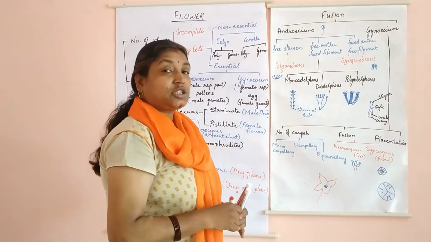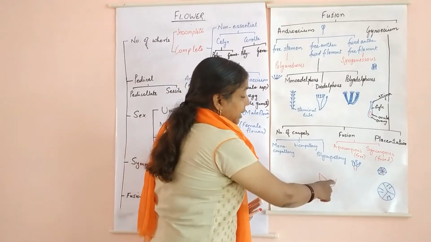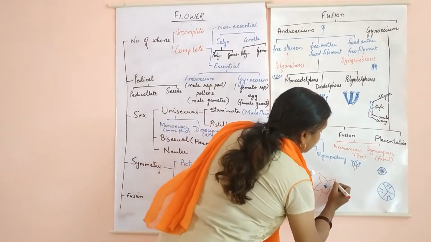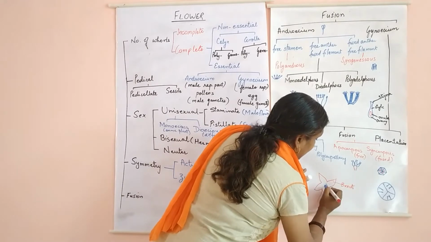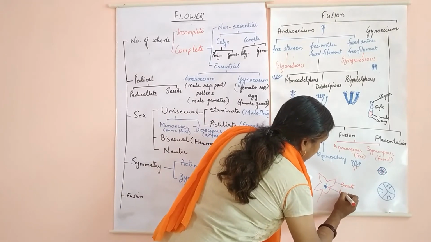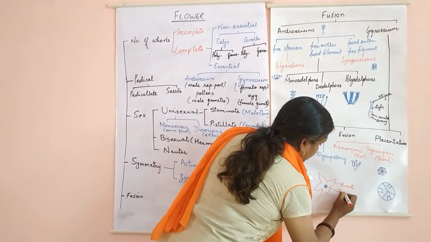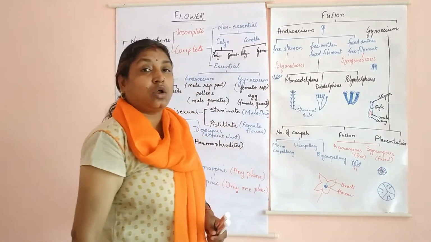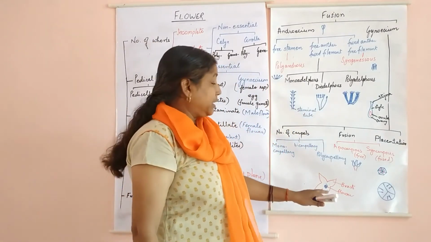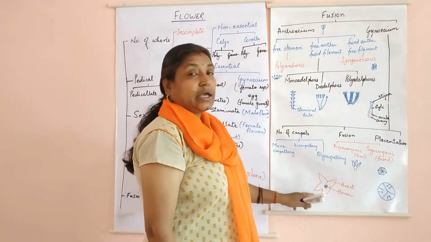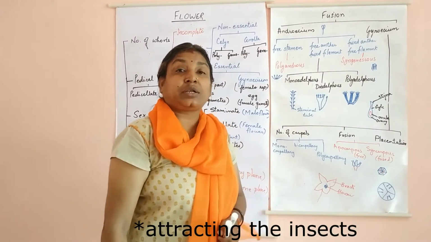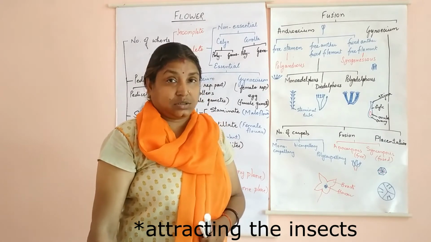The red colored structures that you see are the bracts. And this is your actual flower, which is very small and not so attractive, it is not even visible. So the bracts carry out the function of attracting.